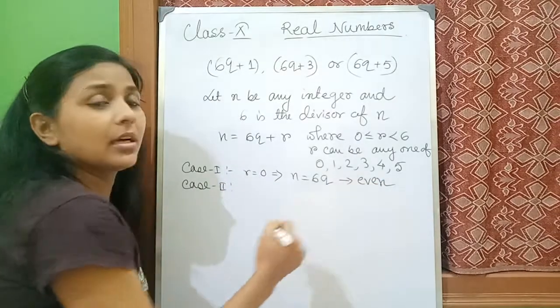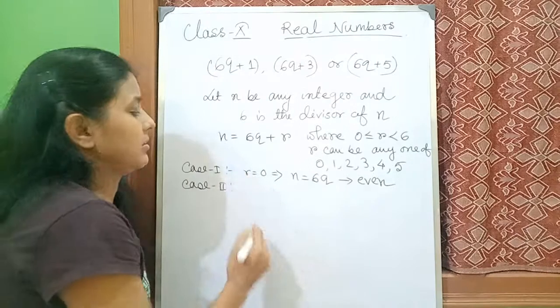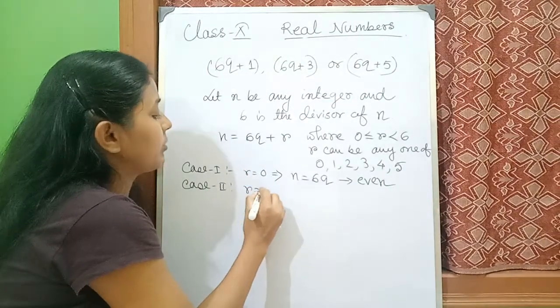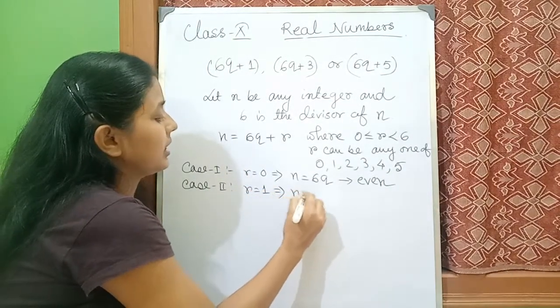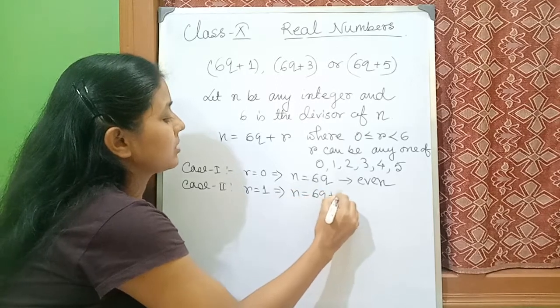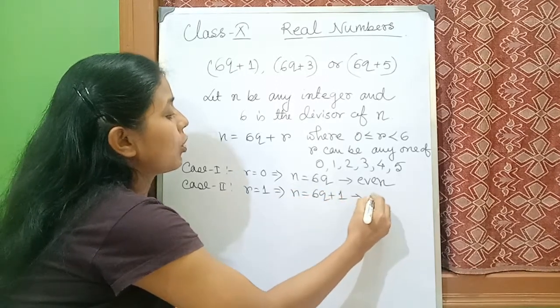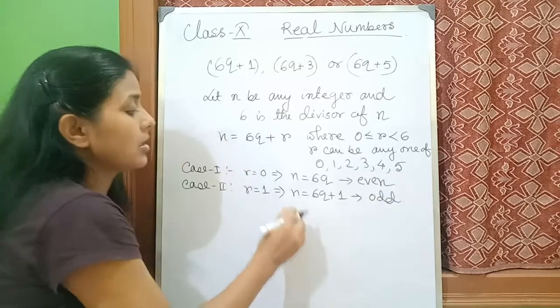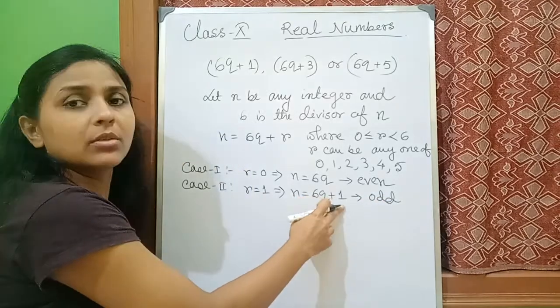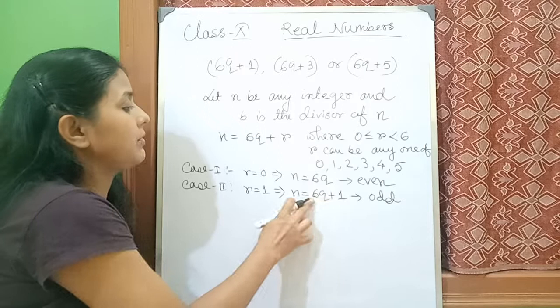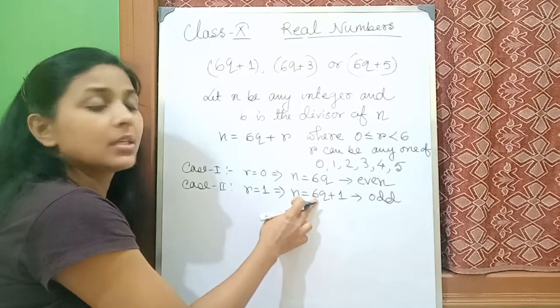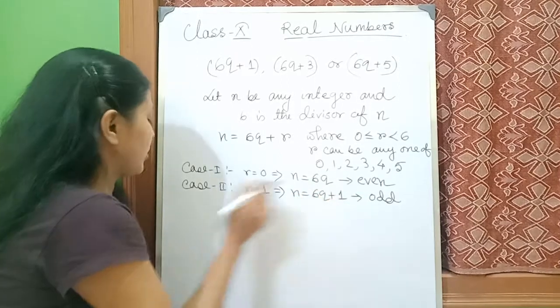This logic must be written. r equals 1. n equals 6q plus 1. Odd. Why odd? Because even plus 1 will be odd. Even we have just proved. So even plus odd is odd.